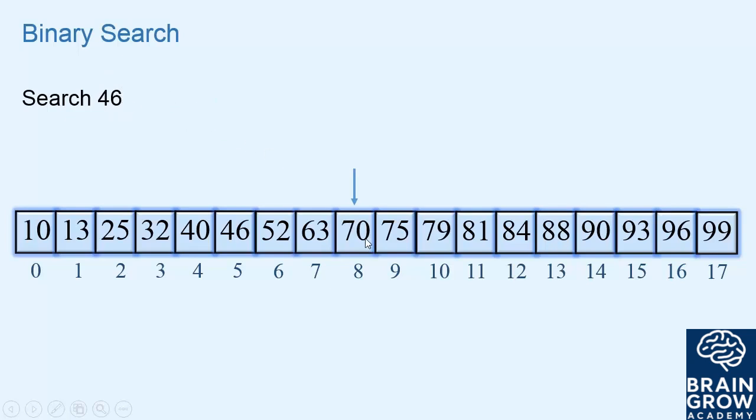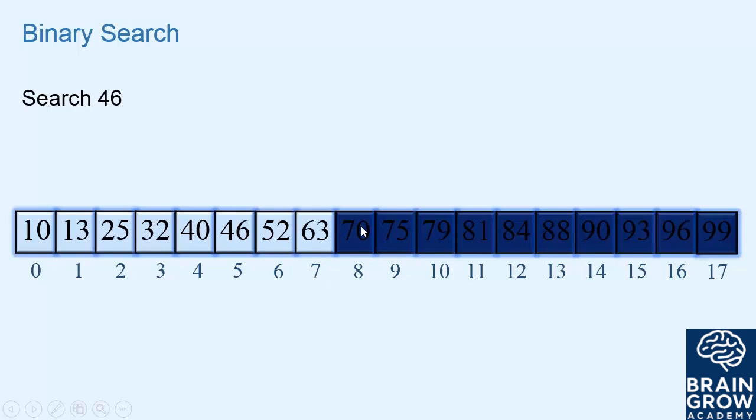So we have to continue searching in this left half or this right half. Now 46 is less than 70. So it has to be present in this left half. It can't be there in this right half. So we continue searching in this left half and we ignore this middle element and this entire right half.